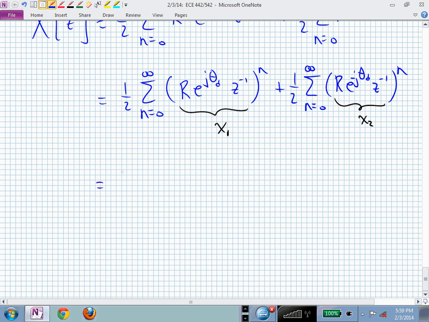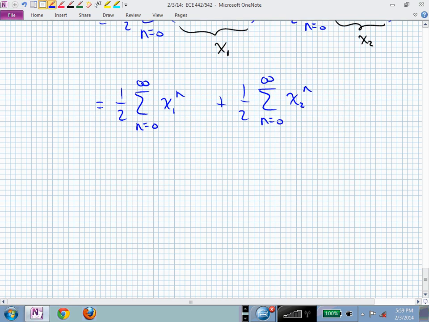Now we have capital X of z is 1/2 summation x sub 1 to the n and x sub 2 of n. And do you remember what that ends up being when we apply our strategy for finding these infinite sums? What can I replace that infinite sum with?